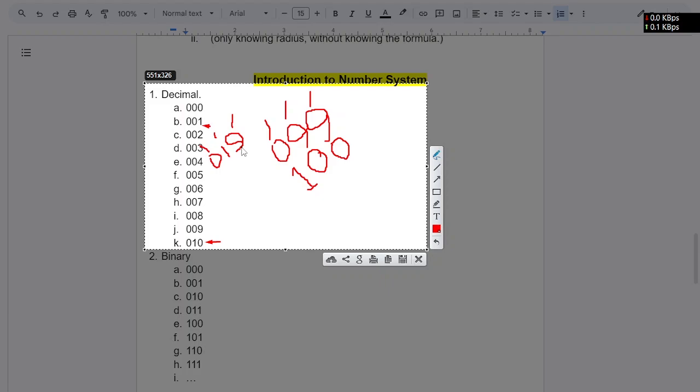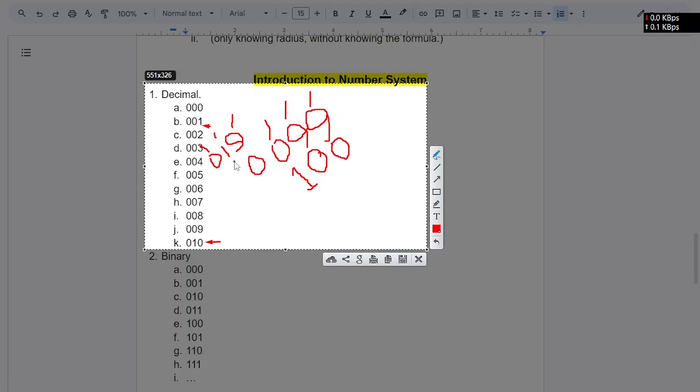So we will try to increment this 9, but 9 is the largest digit of the decimal number system. So we have to reset this 9 to 0, and we will add 1 in the left side position of that digit.